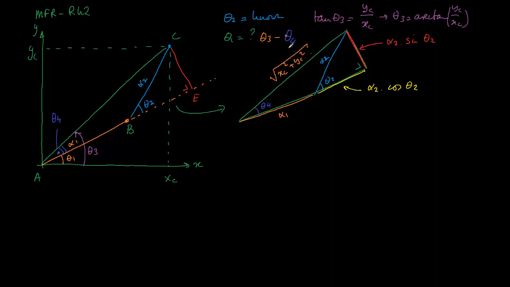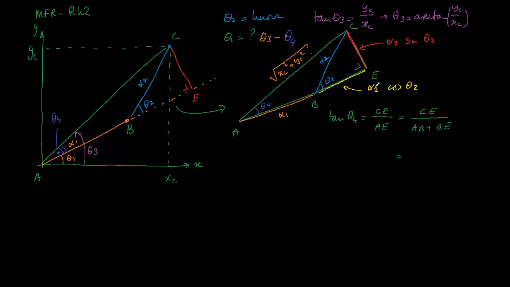Keep in mind that we are interested in theta 4. How big is theta 4? We could say the tangent of theta 4 is CE divided by AE. But the AE consists of AB added to BE.